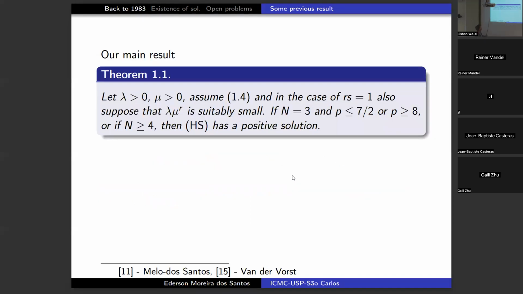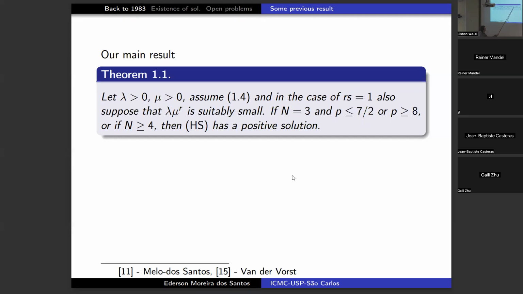And this is the main theorem that we proved. Let lambda and mu be positive. Assume that the pair R, S is one homogeneous, or superlinear and subcritical.